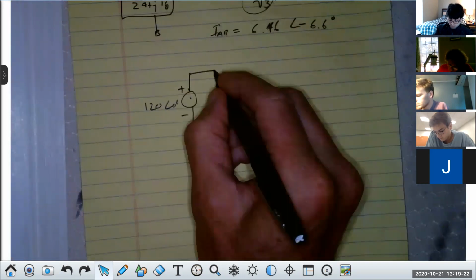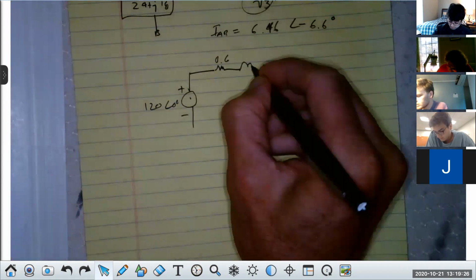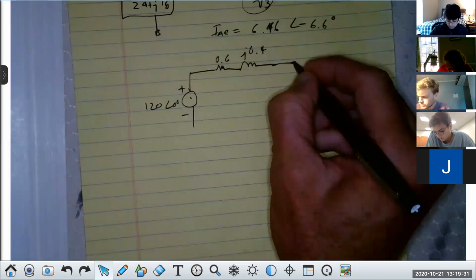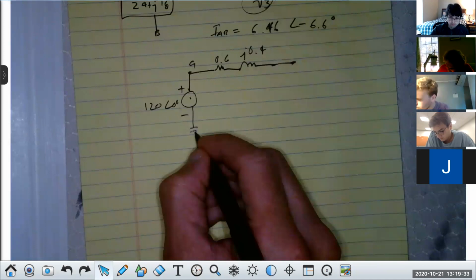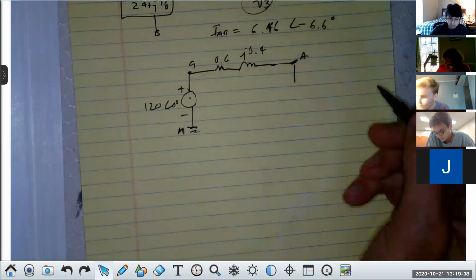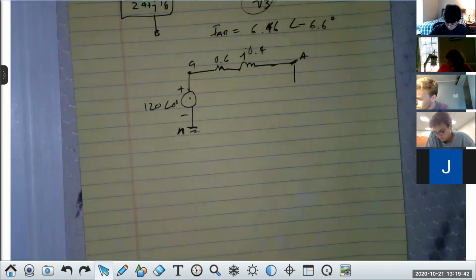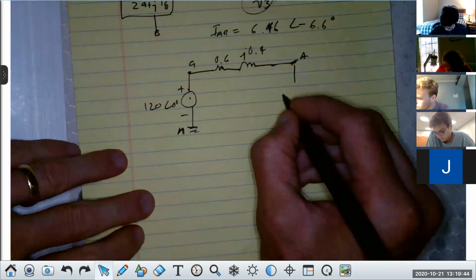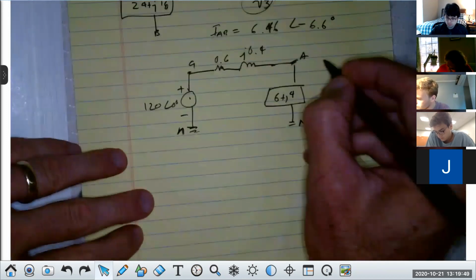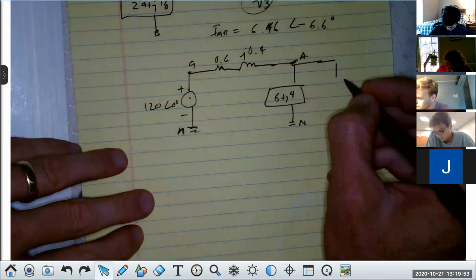Then my line impedance is 0.6, and this is J 0.4. This is the small a, this is the neutral, right? This is the capital A. Now I'm going to put them both in parallel. The load that was just shown to you was 6 plus J4, and it's in parallel with 8 plus J6.